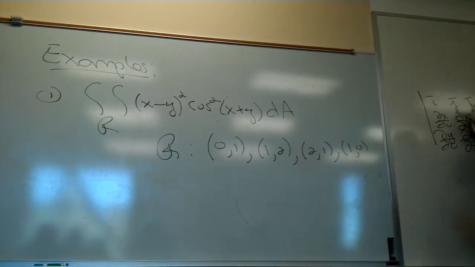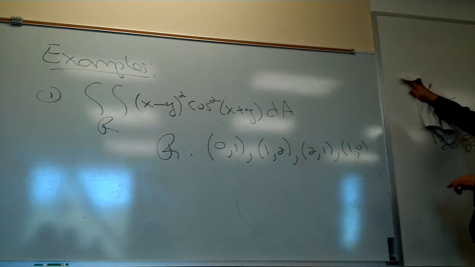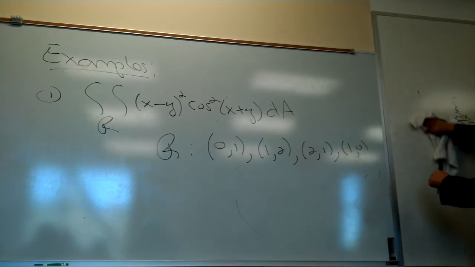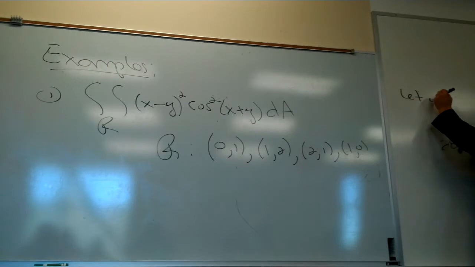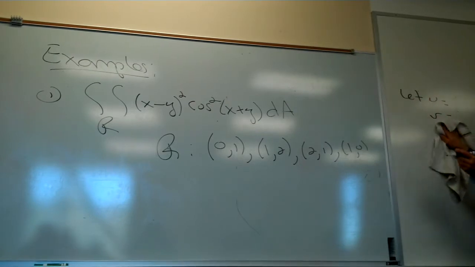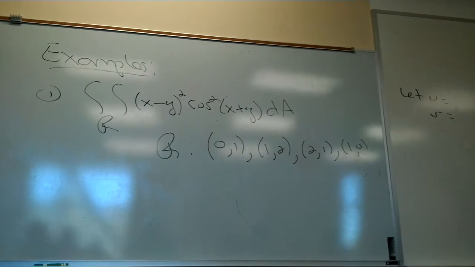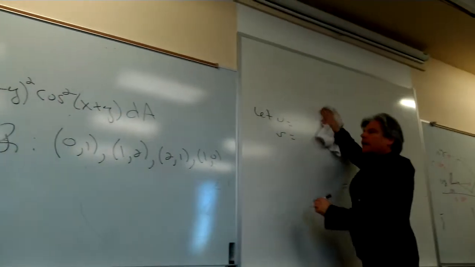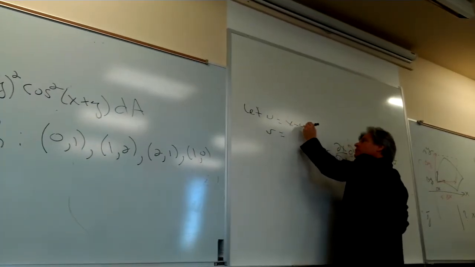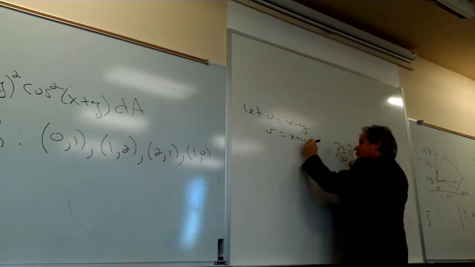To commit to this whole new technique I'm referring to as Jacobians, I'm going to play this game. I'm going to allow U to be something, and V to be something else, that cleans up what you see in the integrand. I think quite naturally in this example, U and V should be x minus y and x plus y, or vice versa, the order doesn't matter.